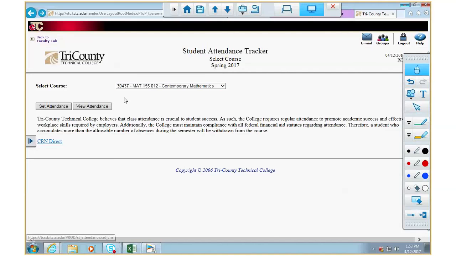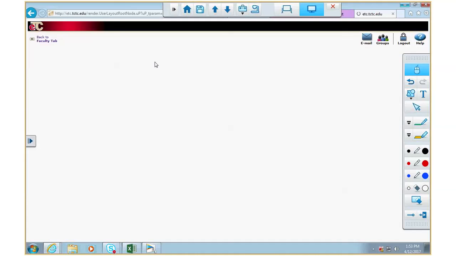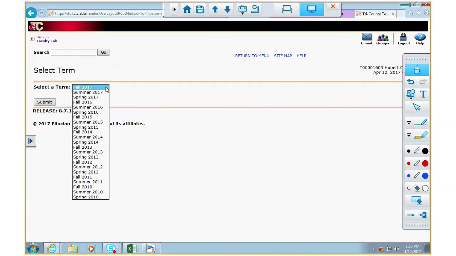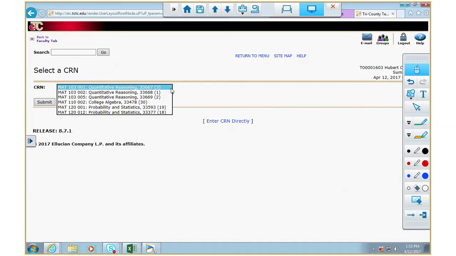And they end up with an F because it's too late to drop.